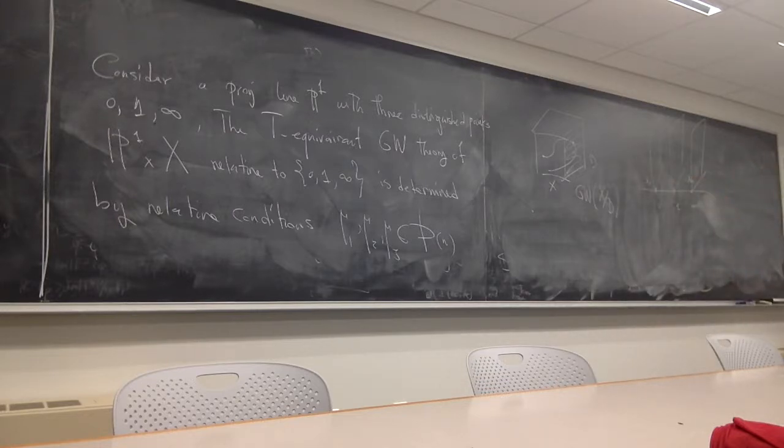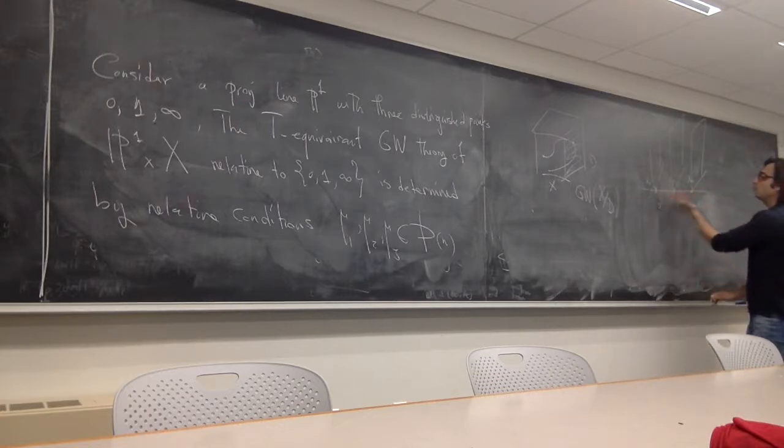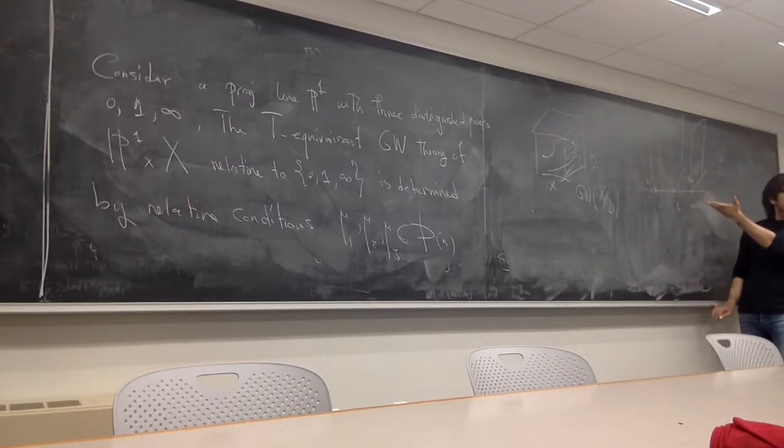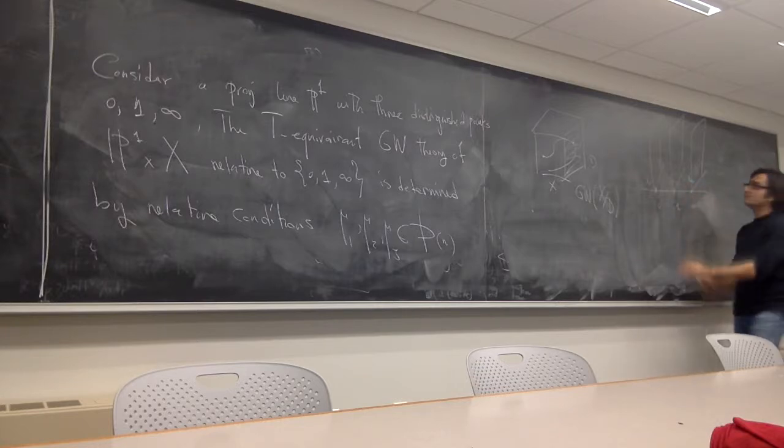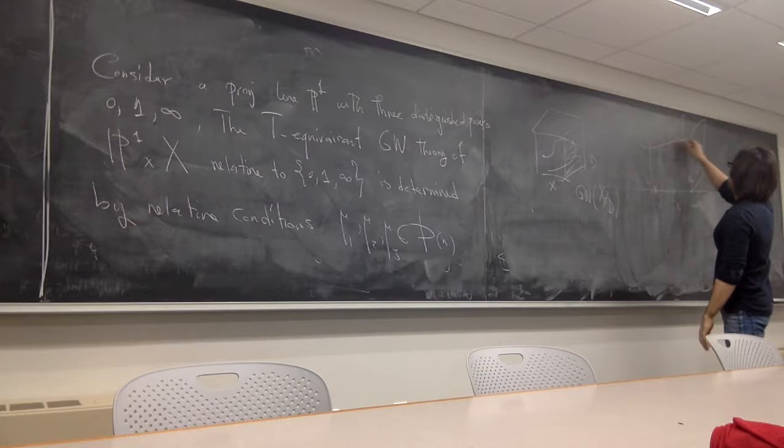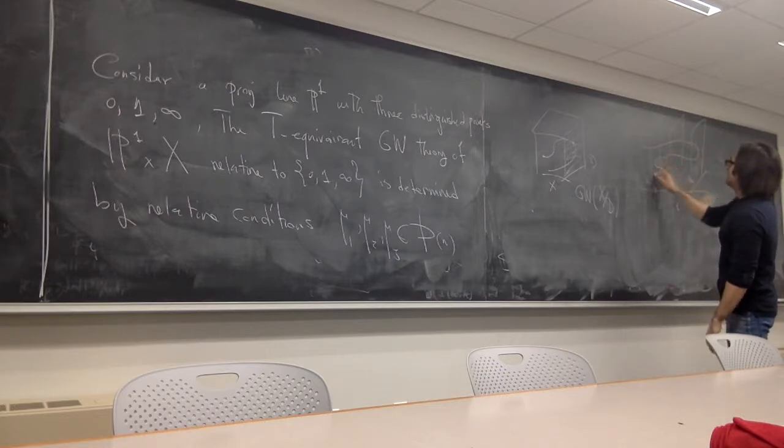And now we would like to count curves inside here. The union of these things defines an honest divisor, and I can count curves with relative profile against this divisor.